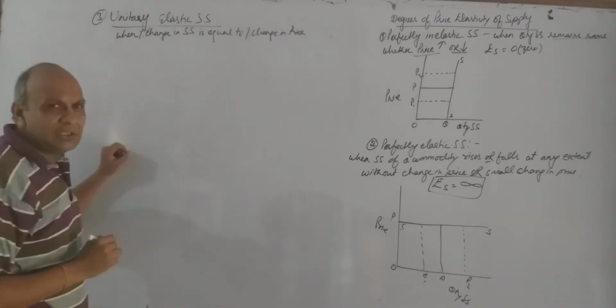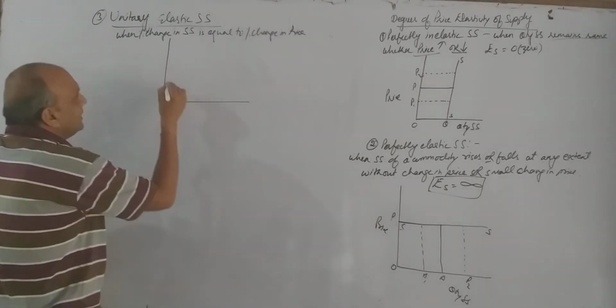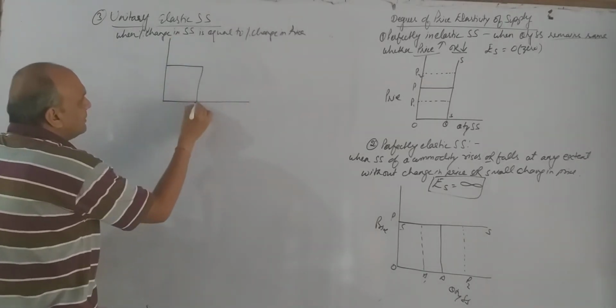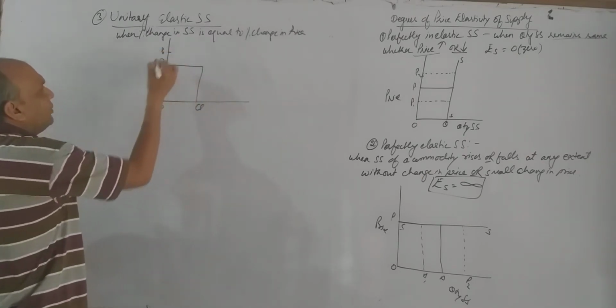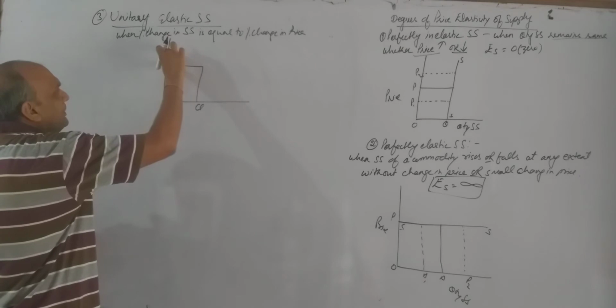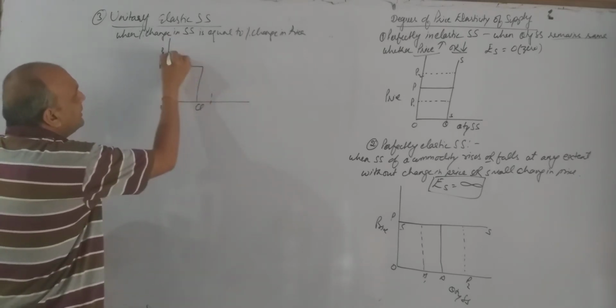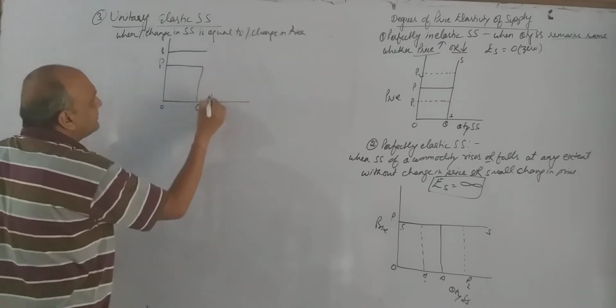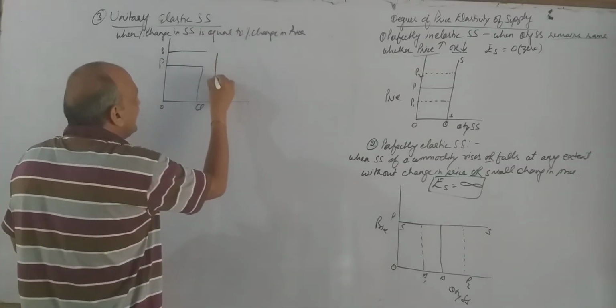Unitary elastic supply. Let us draw the diagram for it, my dears. This is OP, OQ. Now suppose my price increases from OP to OP1. Equal change we have to show over here. With the scale you have to join.